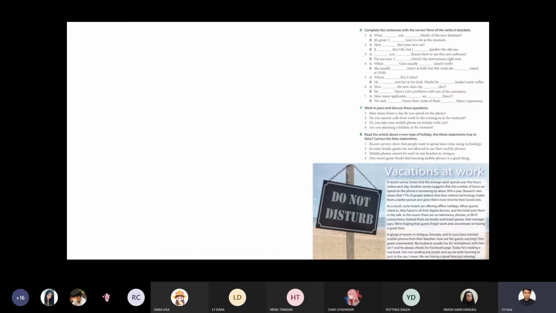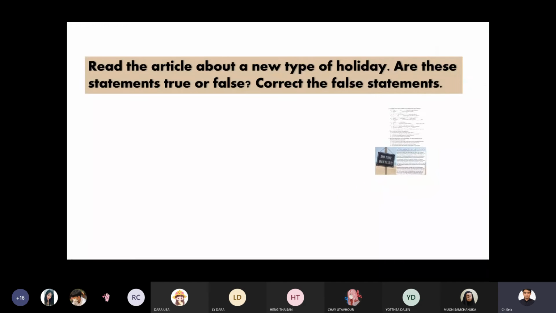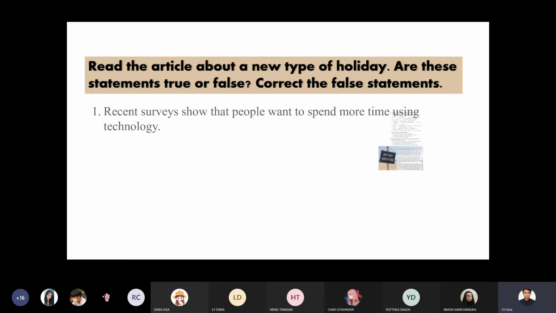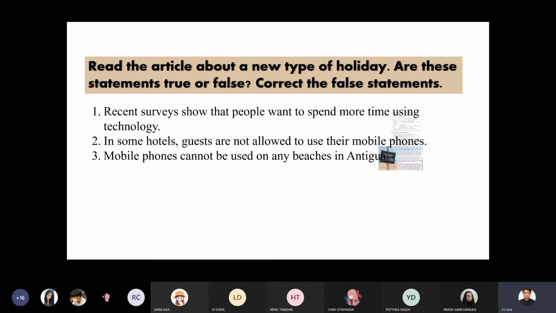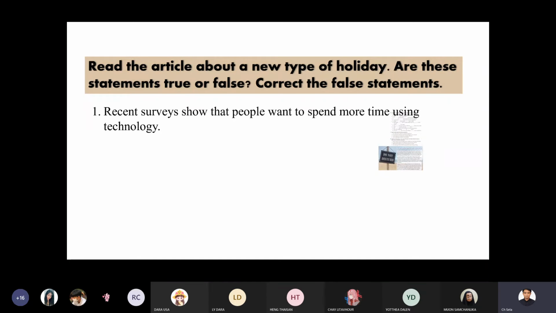Okay, so before we go to the reading, you have to read the exercise here. Read the article about a new type of holiday. Are these statements true or false? Correct the false statements. So how many statements? There are four statements, correct? All right. So now number one.